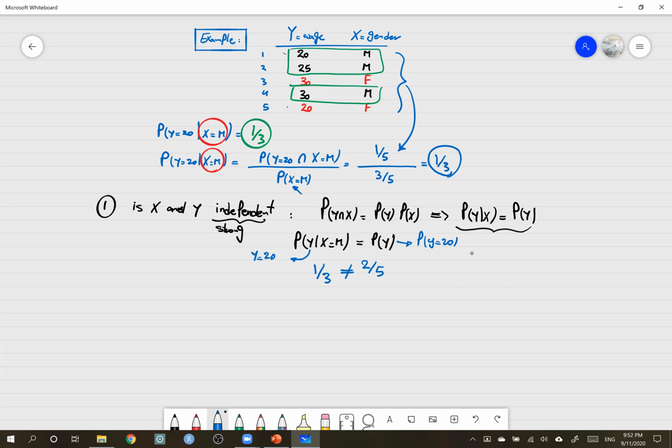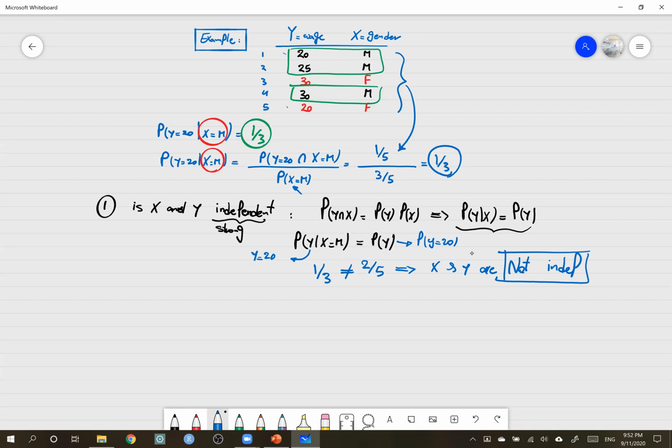No. So if the numbers are not the same for one of the values of your y variable, you can go ahead and conclude that x and y are not independent. We're going to stick to this example and explore mean independence or weak independence and then zero correlation later on.